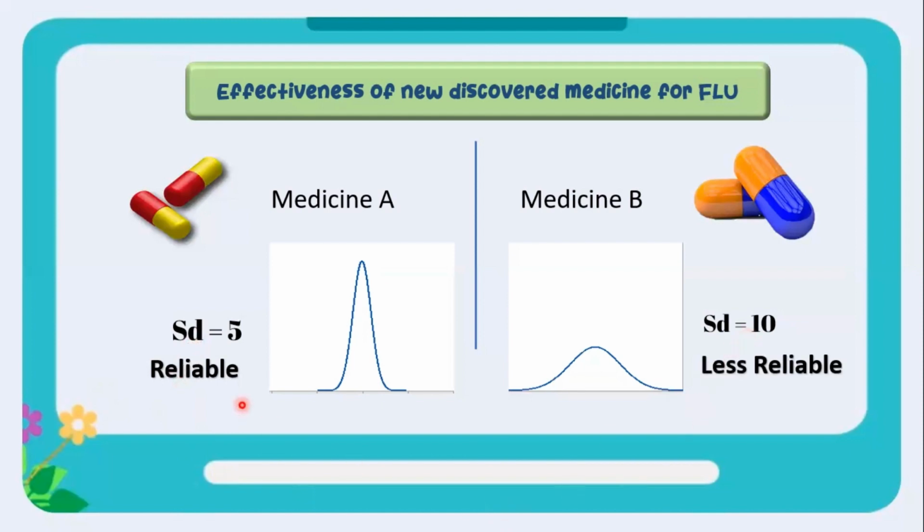The graph must show like this for medicine A, and for medicine B like this. In the graph of medicine A, since the SD is 5, the results are closer to the mean. Therefore this medicine is more reliable than medicine B. Doctors might conclude that medicine A is more effective than medicine B.